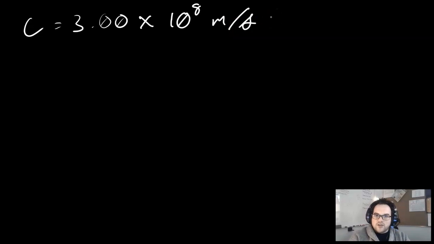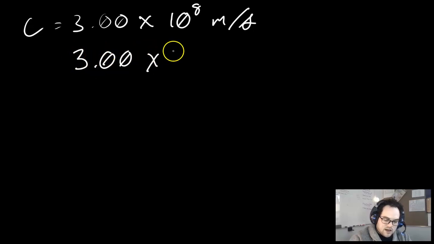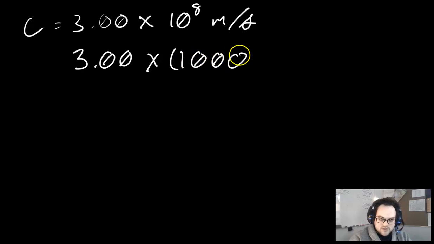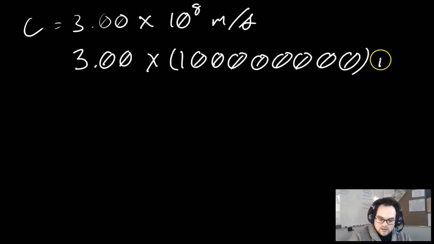Now, if we break this down a little bit, what it becomes is 3.0 times 10 to the 8th. So 10 to the 8th is 1 with 8 zeros: 1, 2, 3, 4, 5, 6, 7, 8 meters per second.